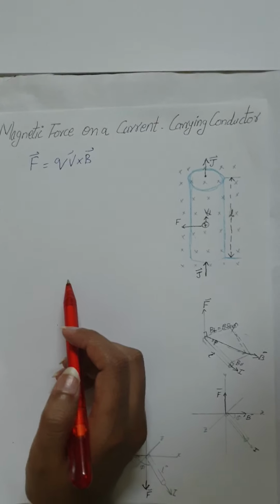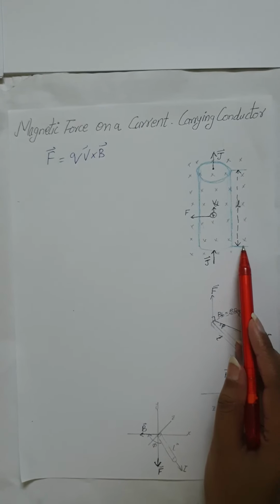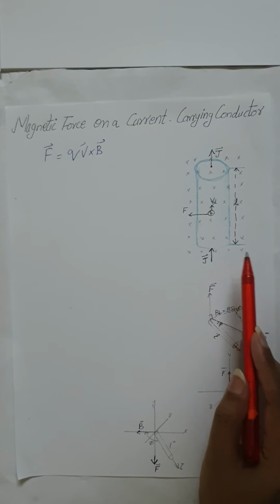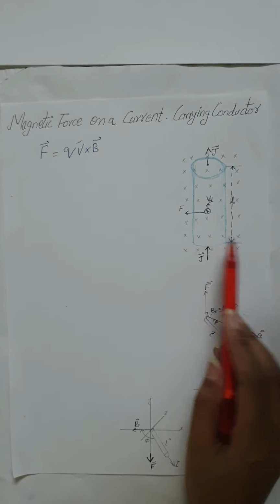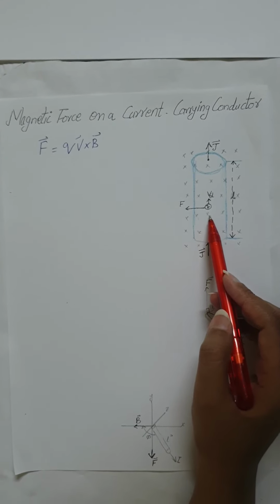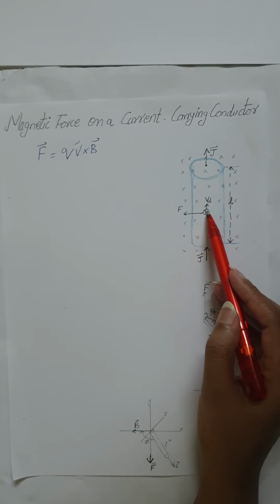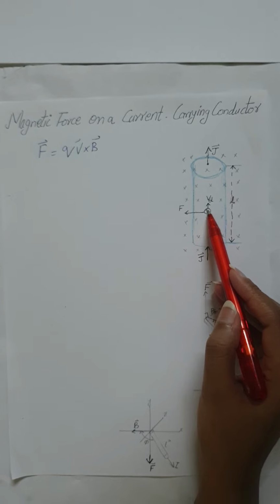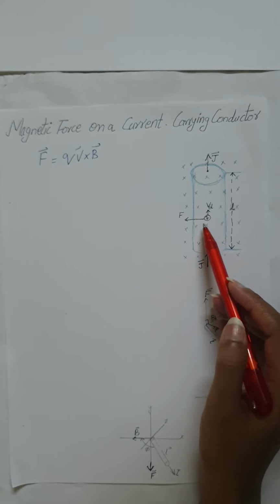The wire is in a uniform magnetic field perpendicular to the plane of the diagram and directed into the plane. For simplicity, let's assume the moving charges are positive. If the moving charges are positive, then the drift velocity is upward and it is perpendicular to the magnetic field.